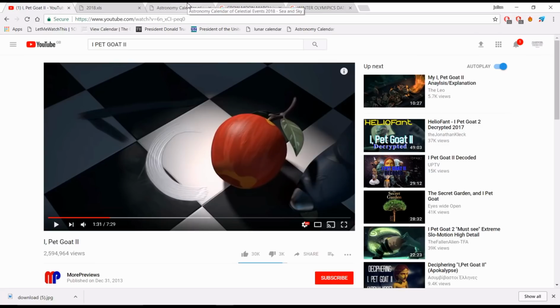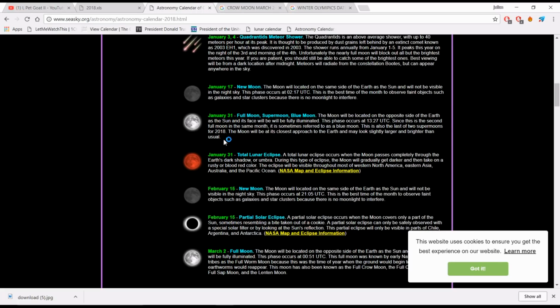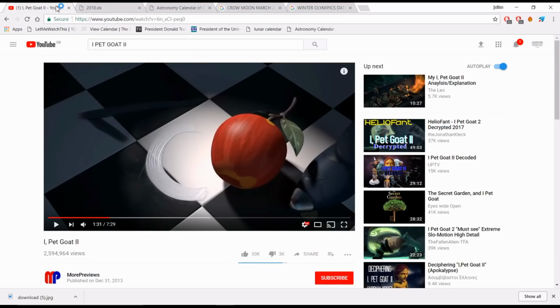Because on the astronomy calendar, when we look at the end of the 12th lunar month, rather than the beginning, which is on the 17th of January, the end of the 12th lunar month comes up on February the 15th, which is also a new moon, meaning no light. So it looks like it's depicting both the 17th of January for the beginning of the 12th lunar month and the 15th of February for the end of the 12th lunar month.